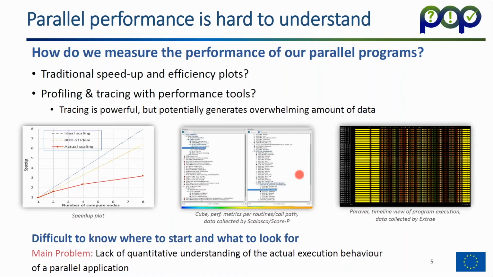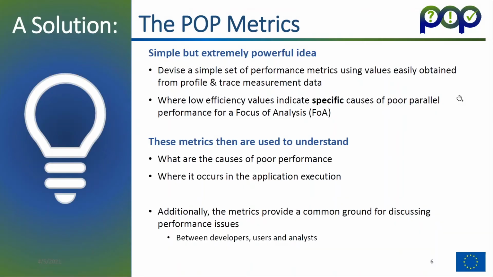So this is potentially overwhelming, and we need to formalize how we do it and provide some structure to how we do that analysis. So the solution that we came up with in the POP Center of Excellence was to define a set of fundamental metrics that can help us to quantify and understand an application's parallel execution, and we can get the basic data for these metrics from our measurement tools, whether they're profile or trace measurements that we collect.